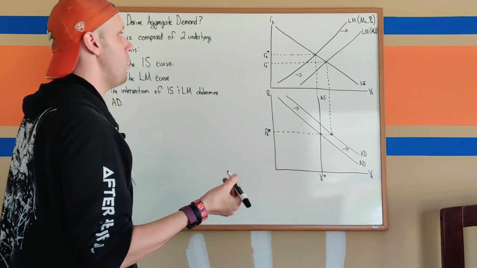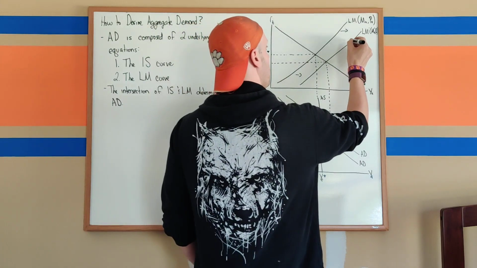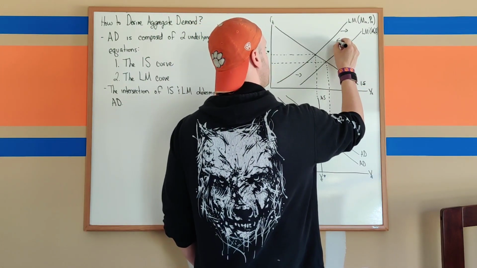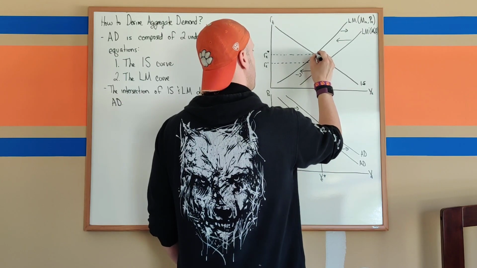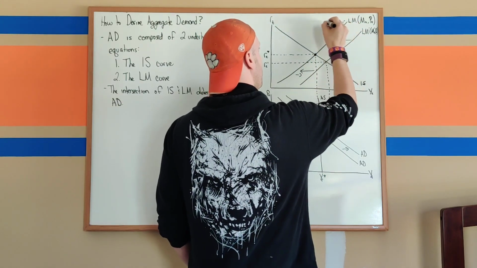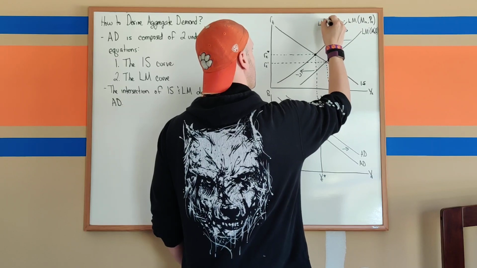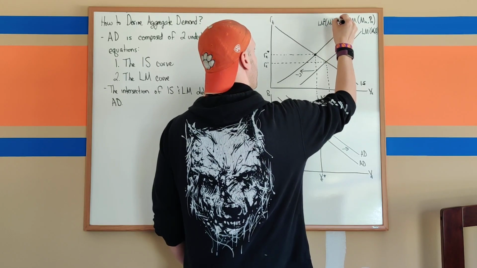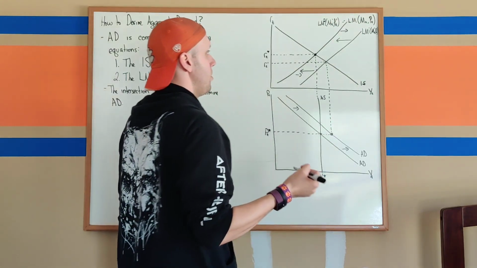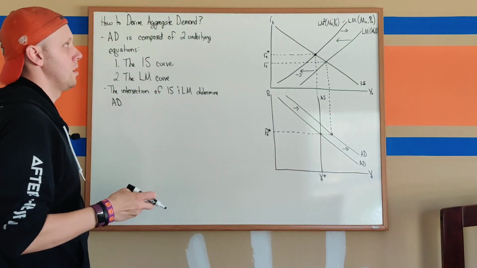So as prices go up, prices will increase, and it's going to shift this curve back inward. And it's going to shift it right back to where it started, with a new price level.